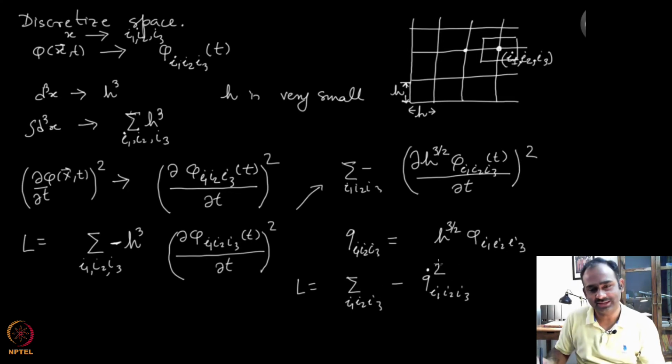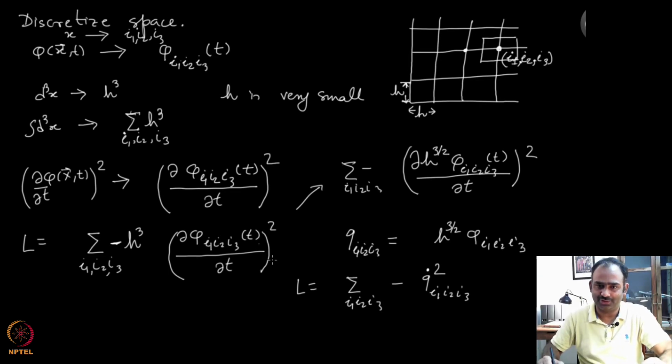So that is what I was saying, that the kinetic term here has a negative sign, which should not happen. And what are the coordinates? The coordinates are the q's, and q's are just h 3 halves times the phi. So it's really the phi which is the coordinate. h 3 halves is an overall constant factor you are multiplying. And of course you have to sum over all the coordinates.